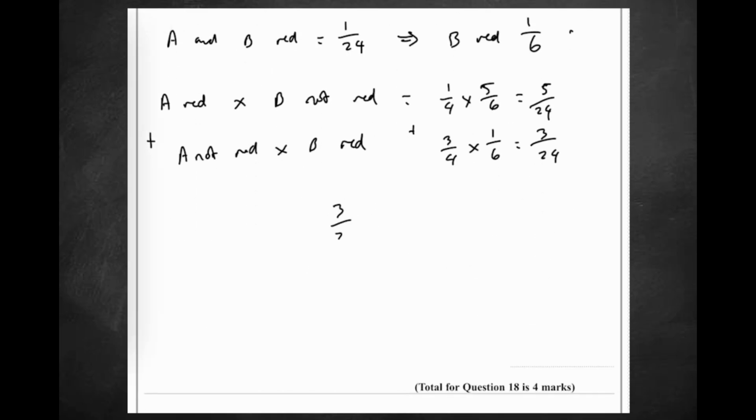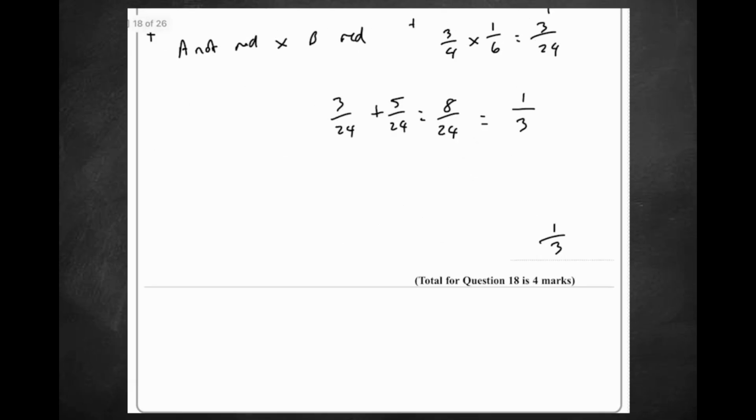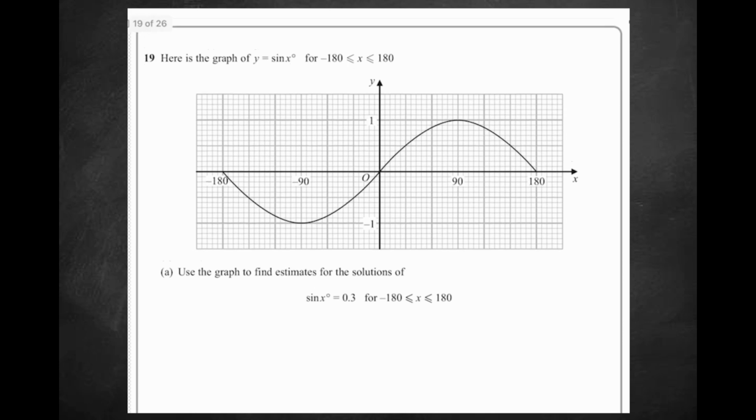So 3 over 24 plus 5 over 24, 8 over 24, which is the same as 1/3. That's our answer.